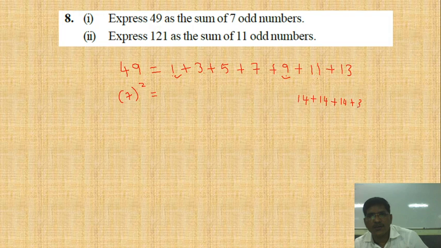So 49. This is how we have to write the answer. Just write 49 is equal to, we know that 49 is the square of 7. So 7 odd terms you have to write.